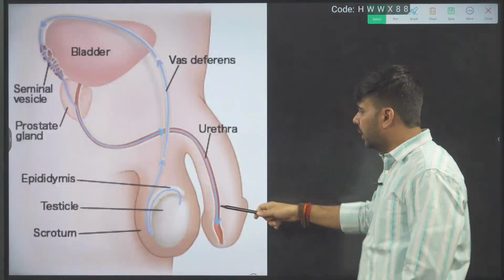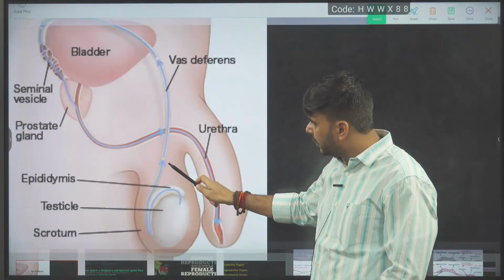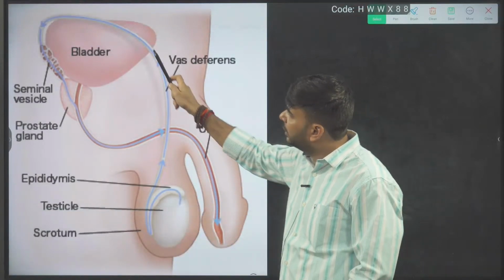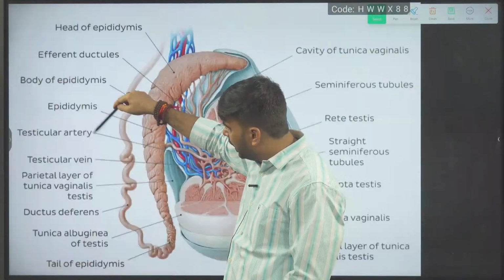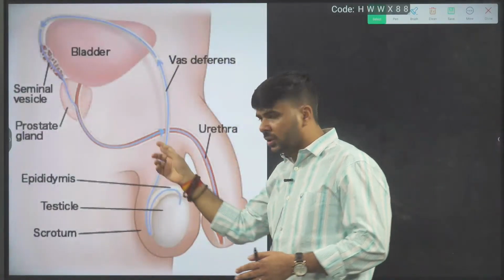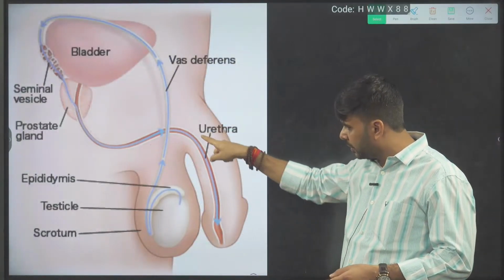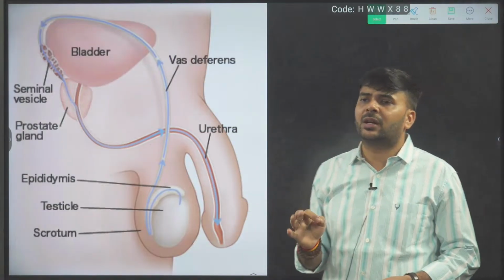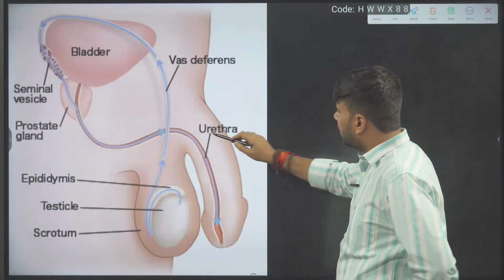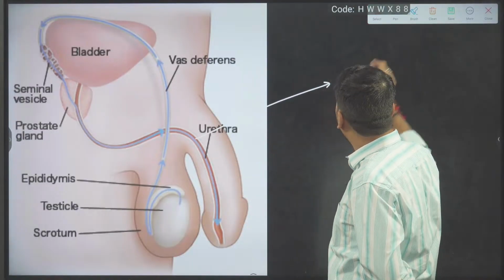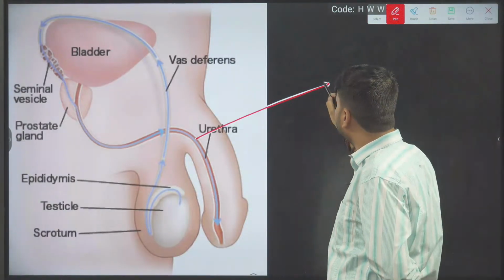Then here again testes, epididymis, vas deferens, and then the seminal vesicle, ejaculatory duct, prostate gland, and then external genitalia, the male penis, which carries the urethra.